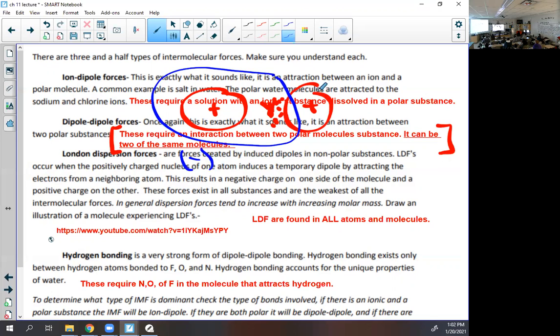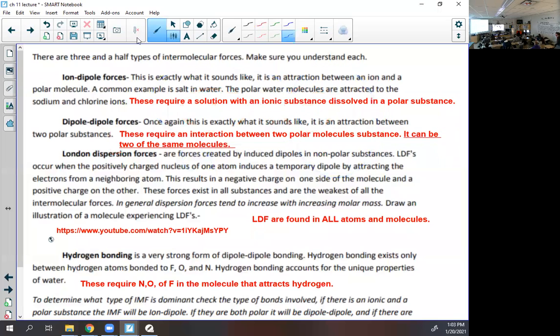That leaves the nucleus exposed over here. So then we have a positive side. Now, these don't last long at all. They're almost instantaneous, they're there and then they're not there. But if you have trillions and trillions of atoms that are constantly going through this, you can have small attractive forces. Those are what give some things that are nonpolar their properties.